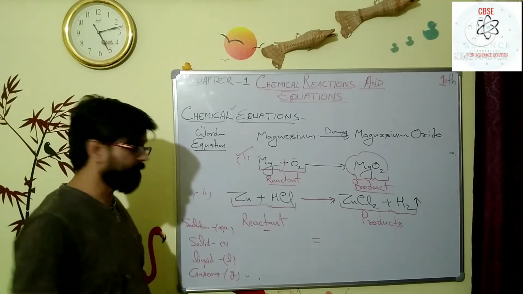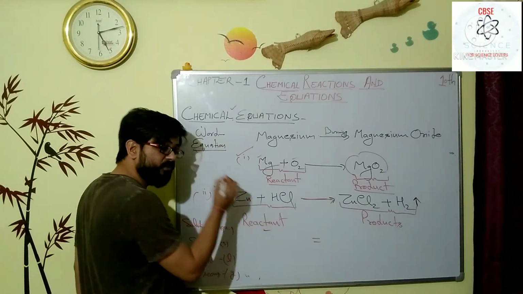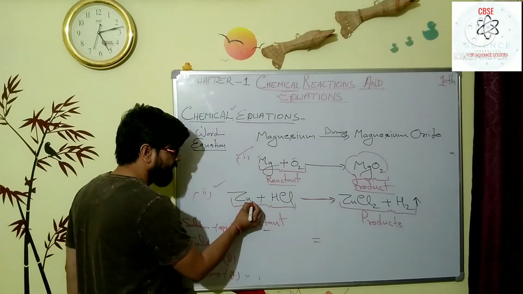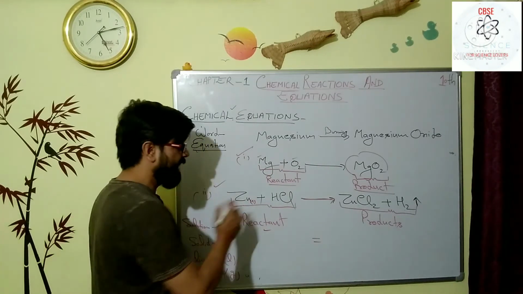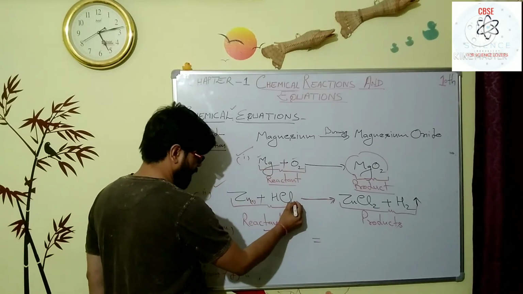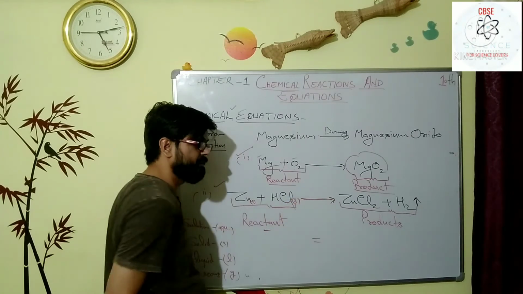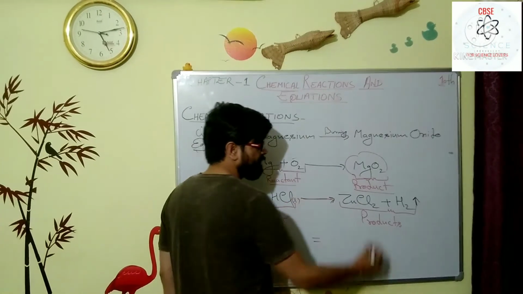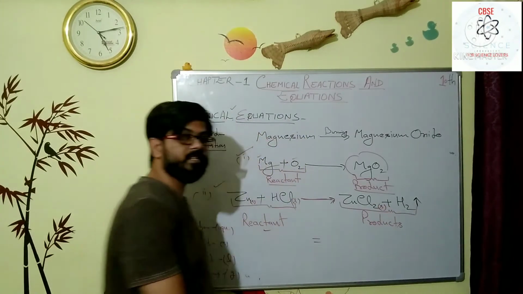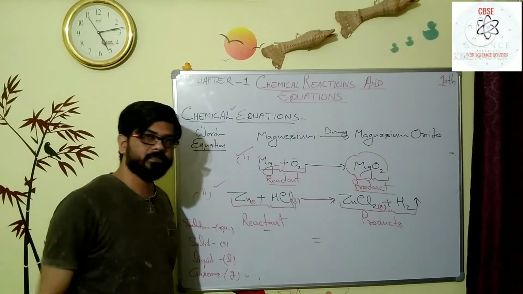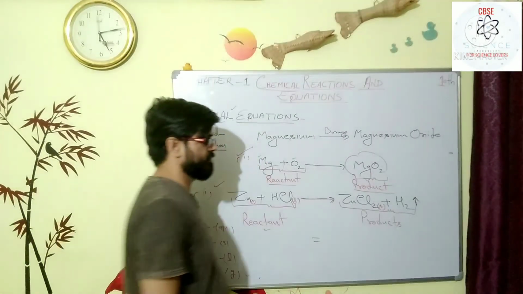For example, in this reaction, what is the physical state of the zinc which we are taking in this chemical change? That is solid. So we represent the zinc as solid like that. HCl is in the form of liquid, so we represent the physical state of HCl like that. Similarly, among the products, zinc chloride is in the form of solid, so we represent its physical state with the formula in brackets like that.